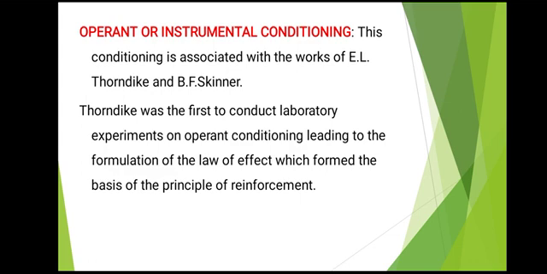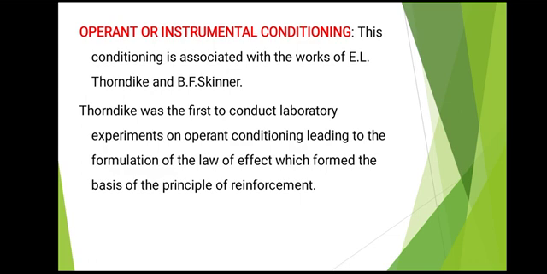I have already told you that in the law of effect, whatever you are going to learn is going to give you some effect. That effect may be positive, that effect may be negative. If the effect is positive, then you are going to rehearse that thing again and again, means you are going to repeat that thing. On the other hand, if the effect is negative, then it is going to give you tension.